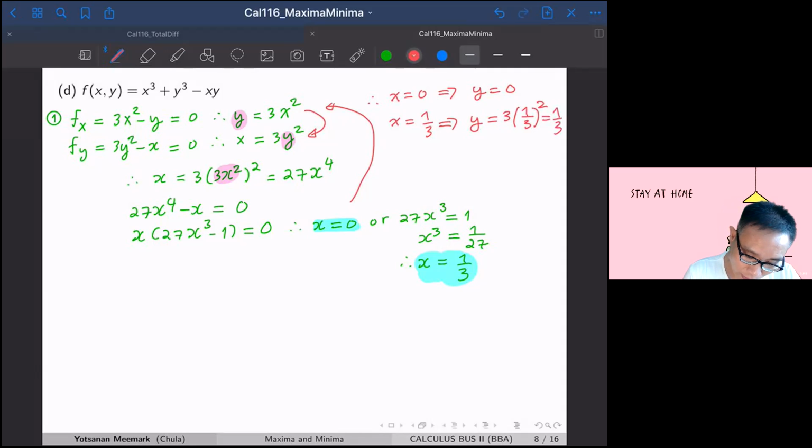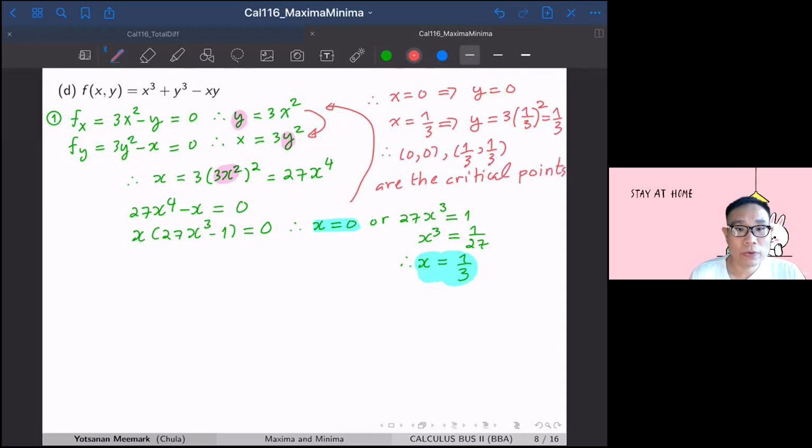So you have (0, 0) and (1/3, 1/3) as the critical points in this case.